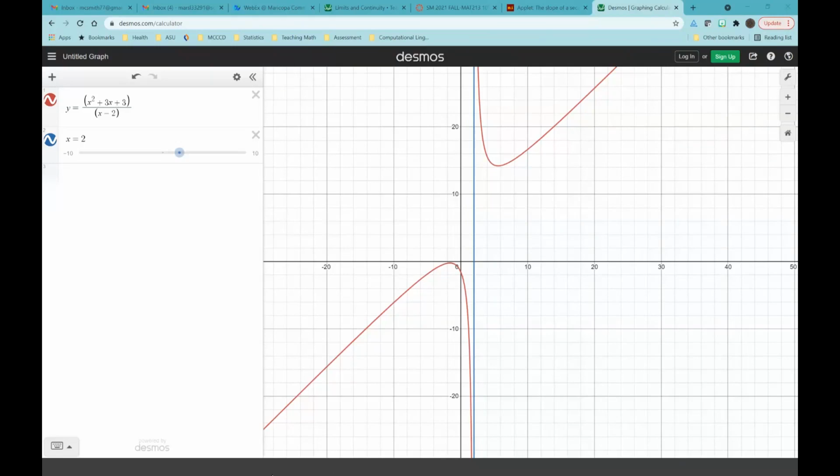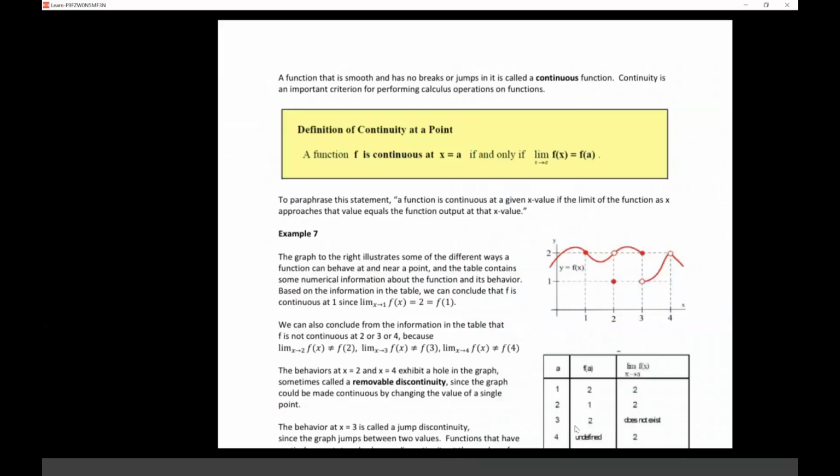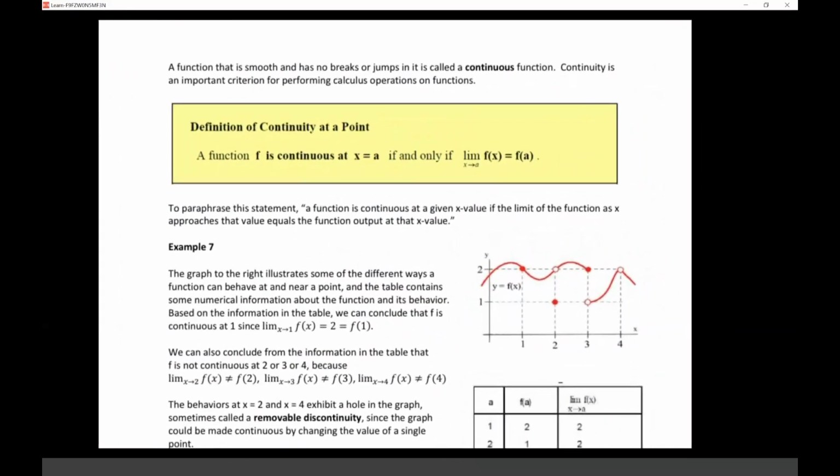So I'm going to go back to my notes. And the last thing we're going to talk about is continuity. Remember I said calculus works best whenever something is continuous. Continuous means no holes, no jumps.